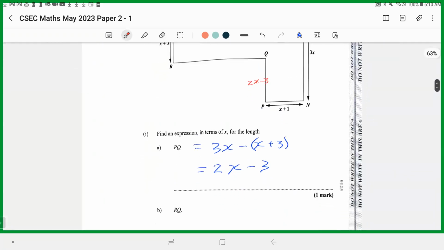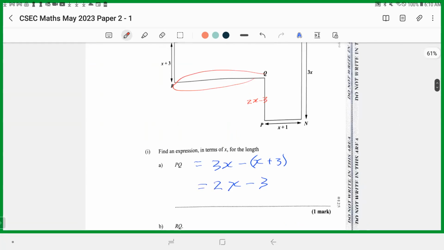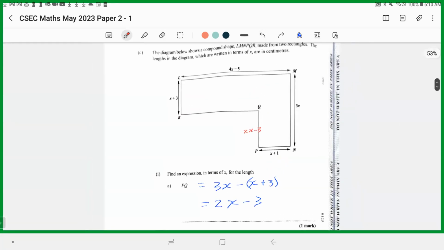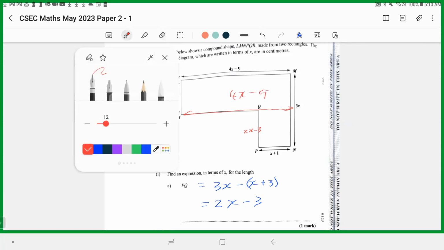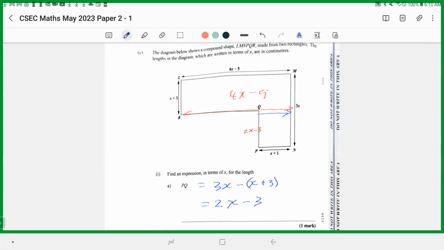All right, next part is for us to find this length. And in a similar way we're going to calculate it. Total length across here is the same as up here. 4x minus 5, 4x minus 5. But this piece right here is the same as this, x plus 1.